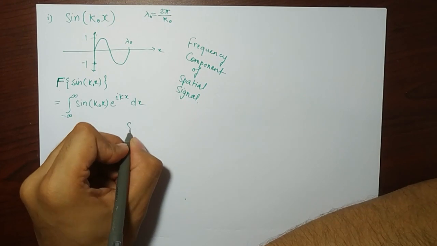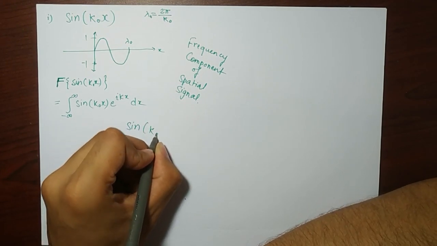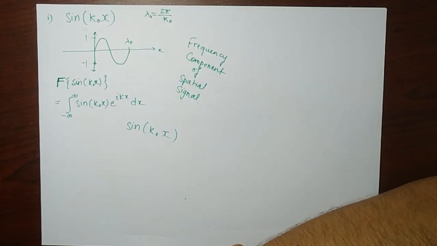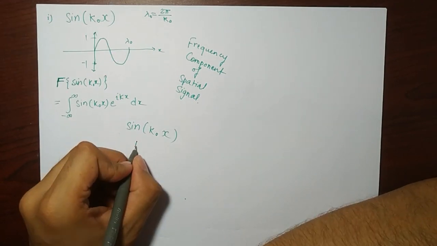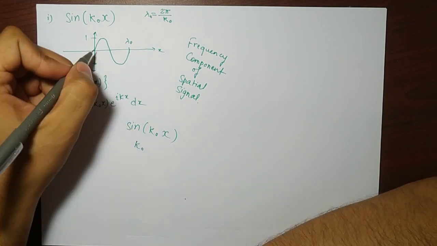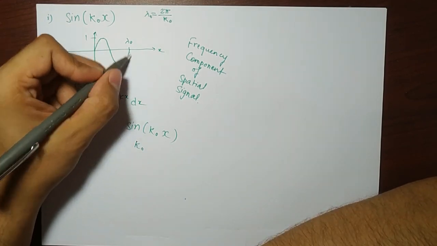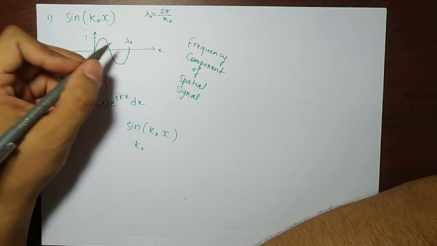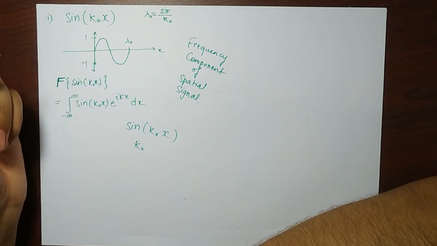So the sine of k naught x has only one angular frequency, which is k naught. Right? There is only one angular spatial frequency, to be precise.